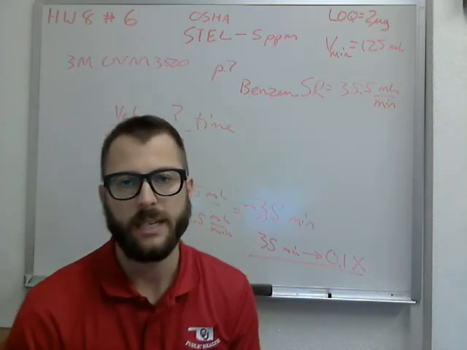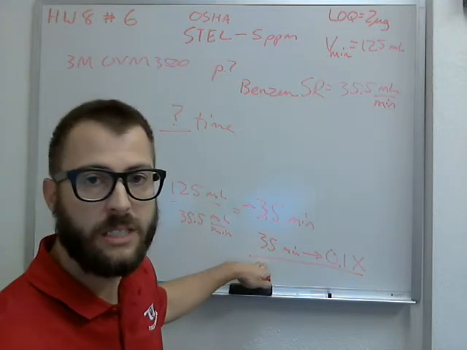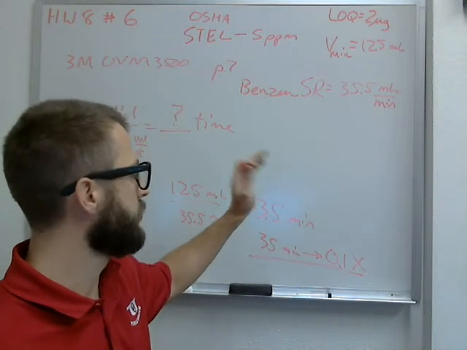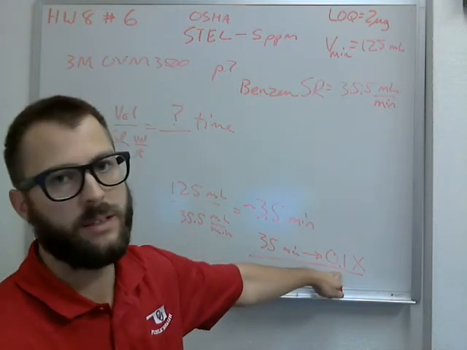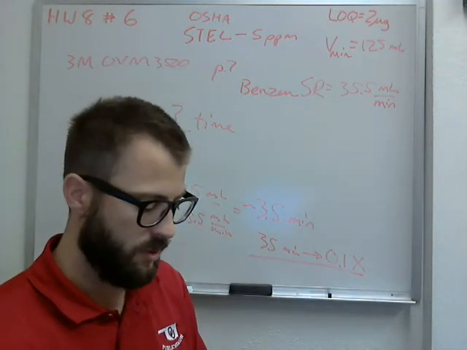Obviously, in a 15-minute sample, we don't have a sufficient sampling rate to get down to 0.1 exposure fraction, or 0.5 ppm exposure.